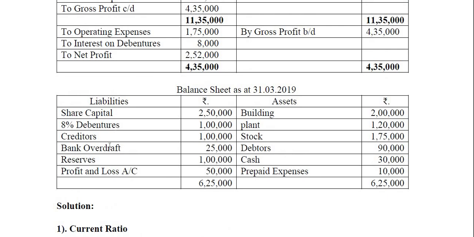So opening creditors as well as closing creditors, you don't find the values here. Therefore, just you have to take creditors as well as bills payable. Bills payable are not given. So if you are provided with values of creditors and bills payable at the beginning as well as at the end of the accounting year, you can calculate the average of that, and then you can use that for calculating creditors turnover ratio. But here only creditors value is there, bills payable is not there. So only 1 lakh should be taken as a representative value.